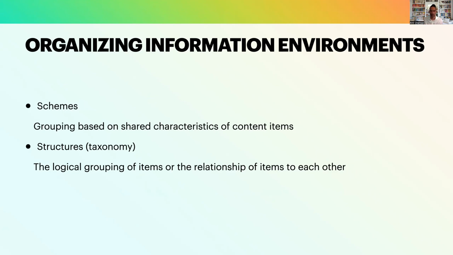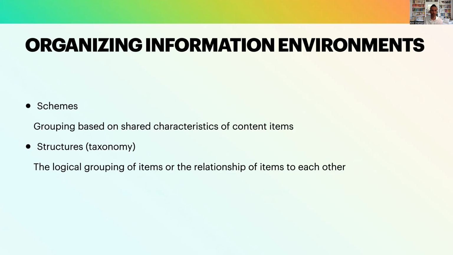Take the example of a supermarket: you go to a section that has meat and poultry, and all of that is organized together in a specific section, and then there's another section where you can find different things. So schemes are how we group things based on their characteristics.